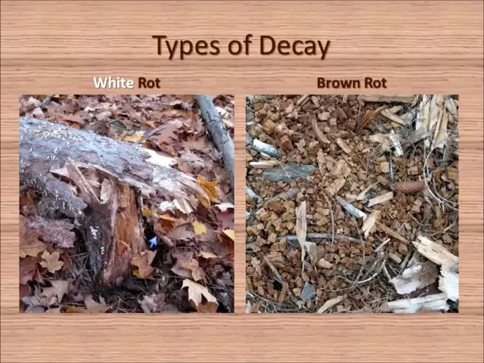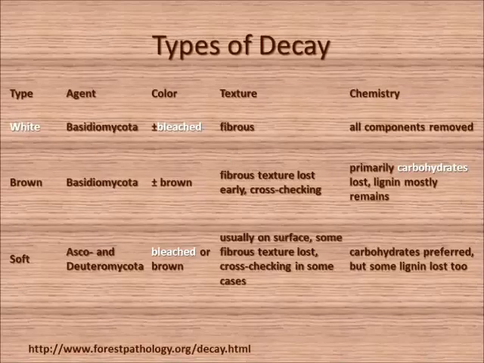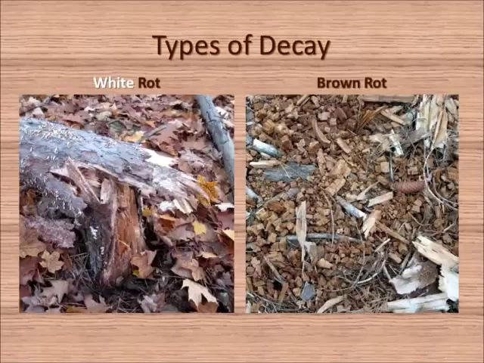White rot is usually stringy and spongy, whereas brown rot fungi do not decompose lignin. They eat the cellulose but leave the lignin behind. So all this brown rot decayed wood is the lignin that's left behind.